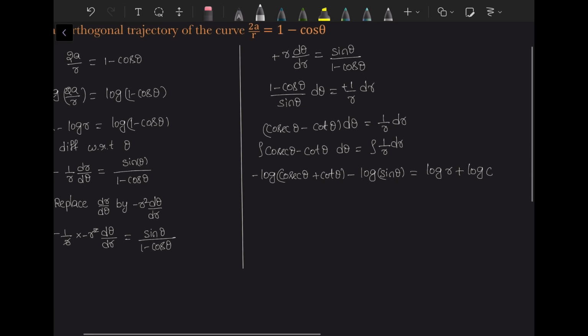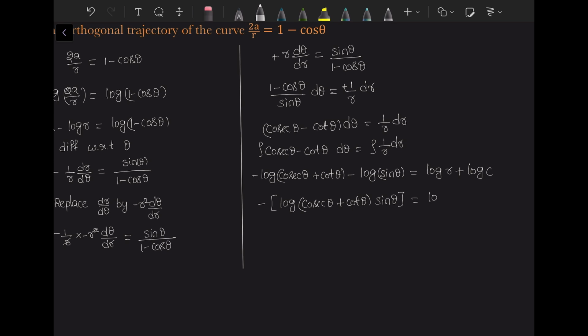Now I have to continue the same. This I can take minus common: log of (cosec θ + cot θ) times sin θ. Why? Because it is of the form log a + log b, since I have taken minus outside. So log a + log b is log ab.